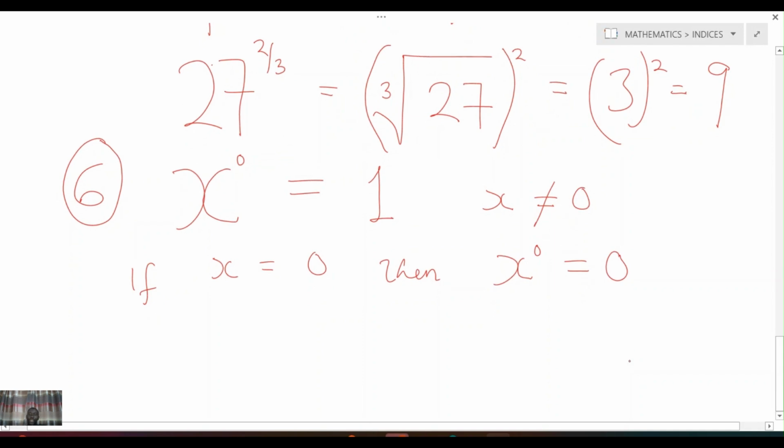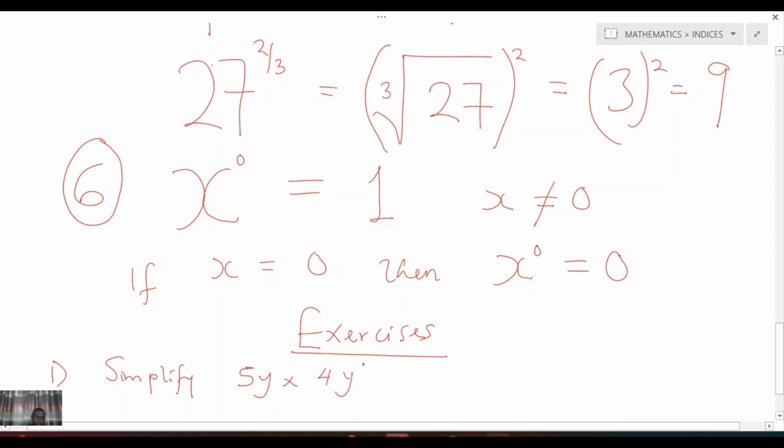Now, having gone through all the rules of indices, let's now do some exercises. Exercise number 1 is, let's simplify this expression: 5y times 4y raised to power 4.